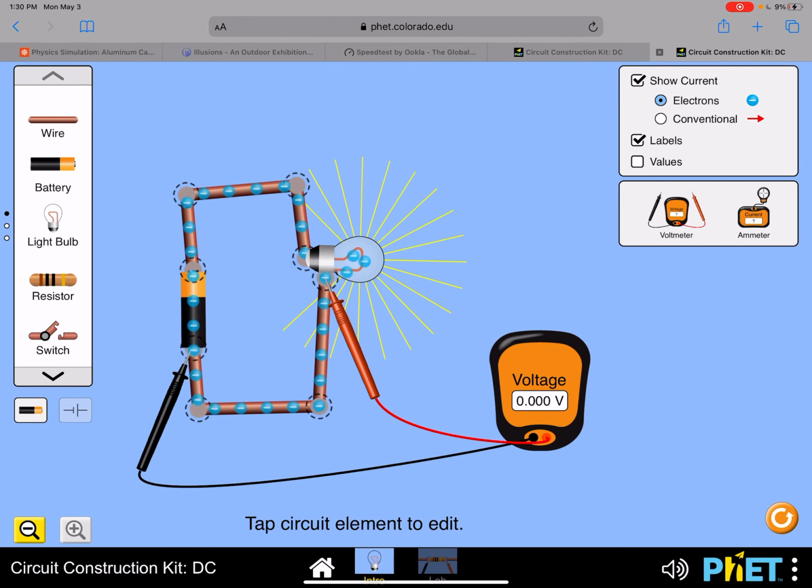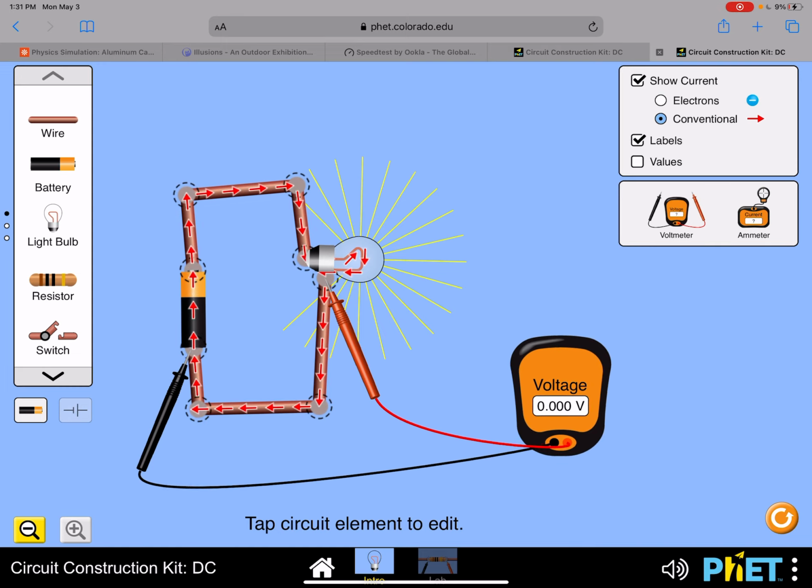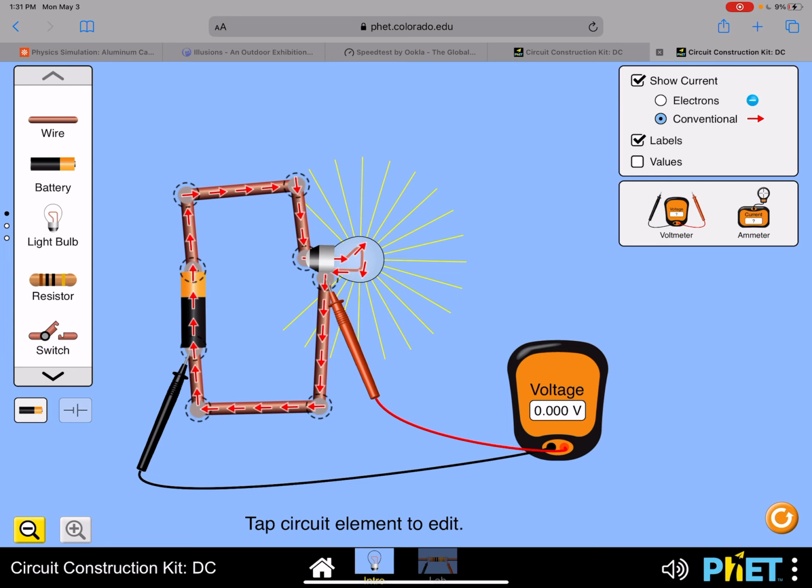If you go back to the circuit construction kit, notice in the top right corner, you can hide the current altogether, or you can show it in two ways, from electron flow or conventional current flow. The voltmeter is programmed for conventional current flow, so we want to go this way. That means in conventional current, the current is flowing out of the positive end of the battery and into the negative end of the battery. My understanding is that conventional current was invented before the electron was discovered.